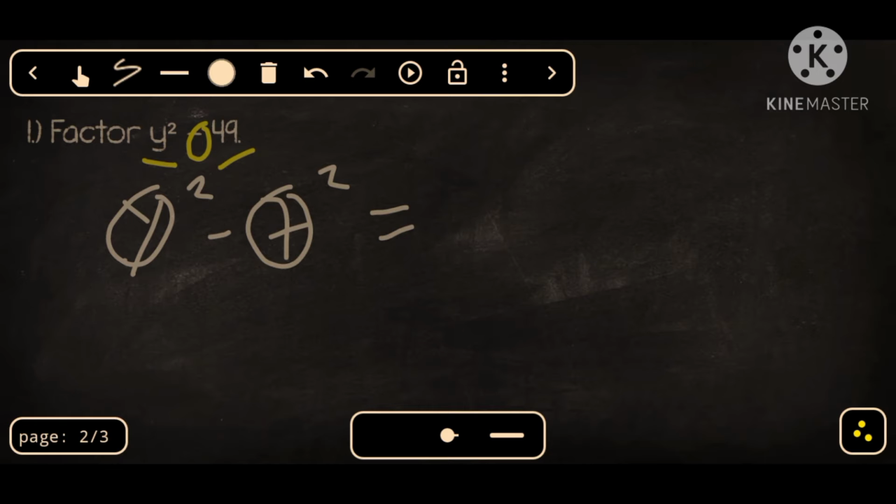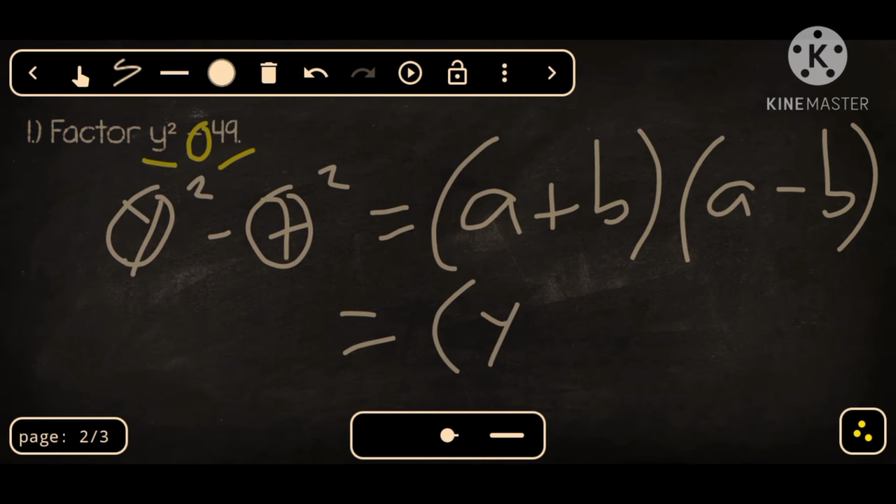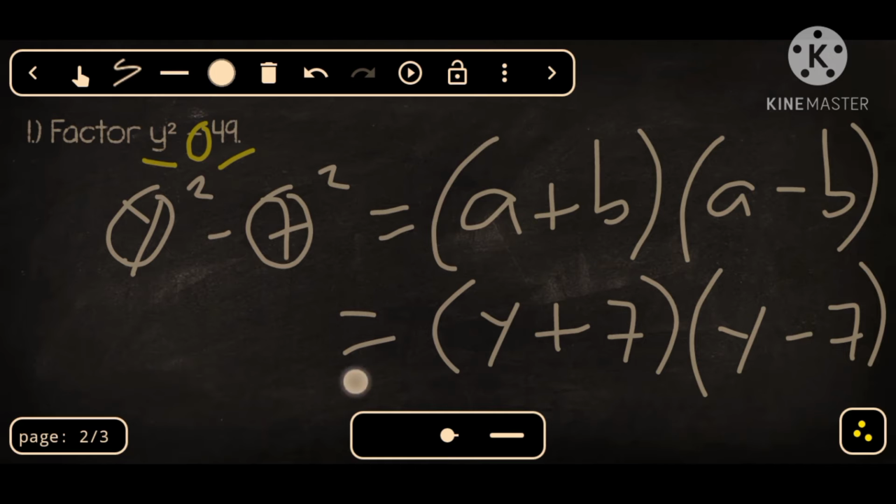So the factors are a plus b times a minus b: y plus 7 times y minus 7. Therefore, our factors for y squared minus 49 are y plus 7 times y minus 7.